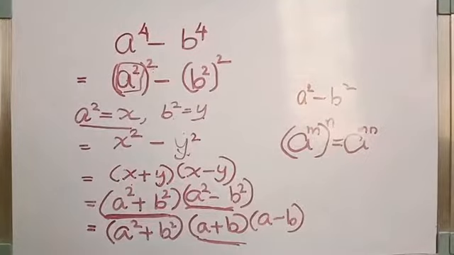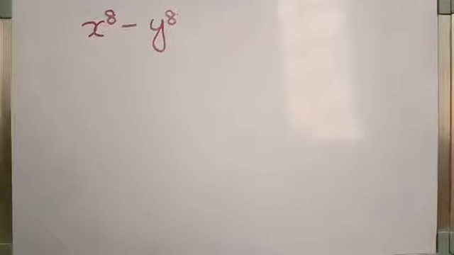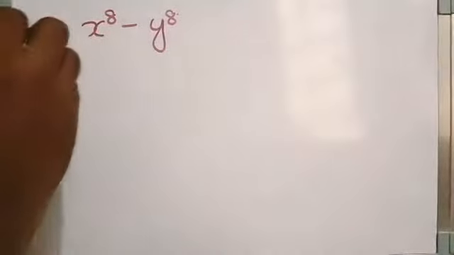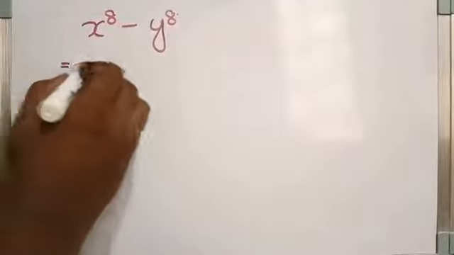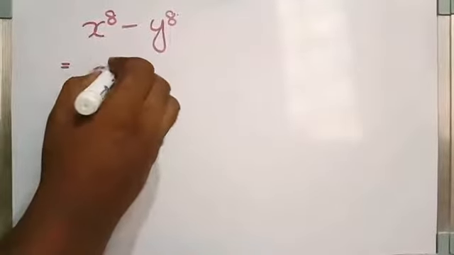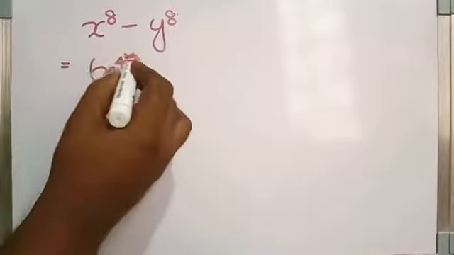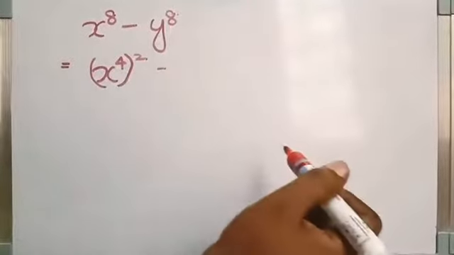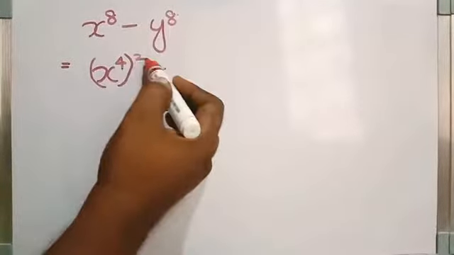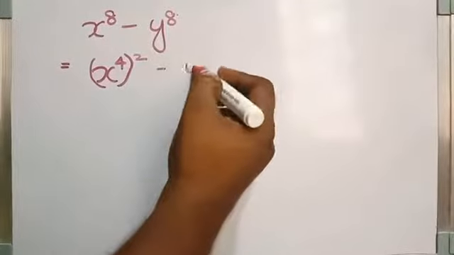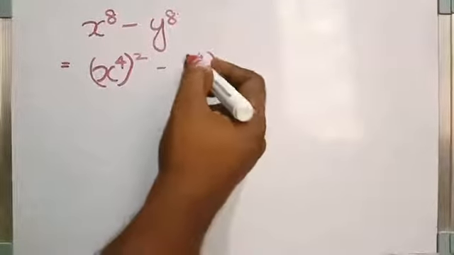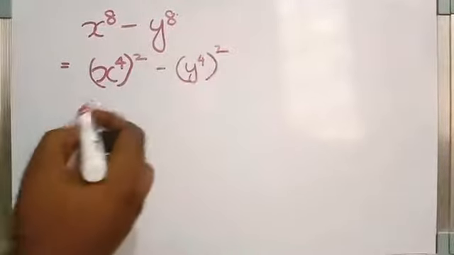Let's do another question. x raised to 8 minus y raised to 8. What shall we do for this? We will write this as x raised to 4 the whole squared, because 8 can be written as 4 into 2, minus y raised to 4 the whole squared.